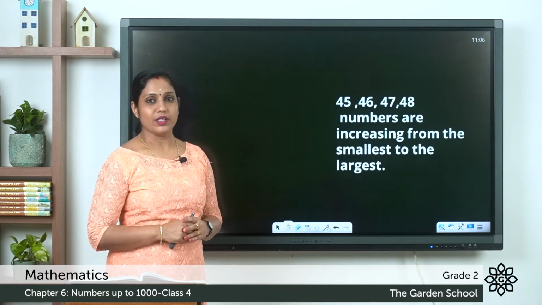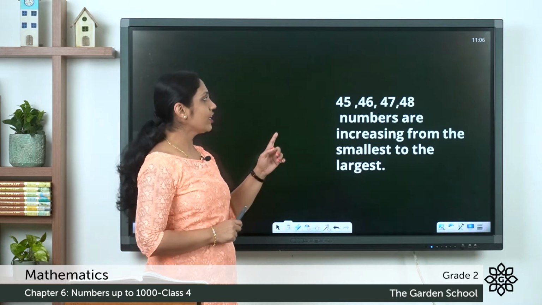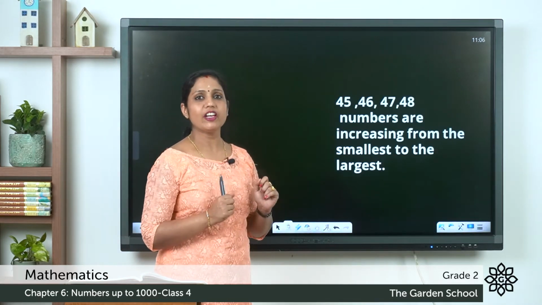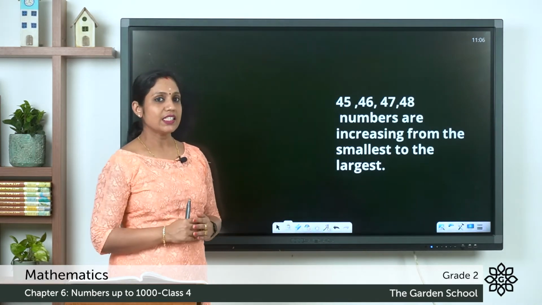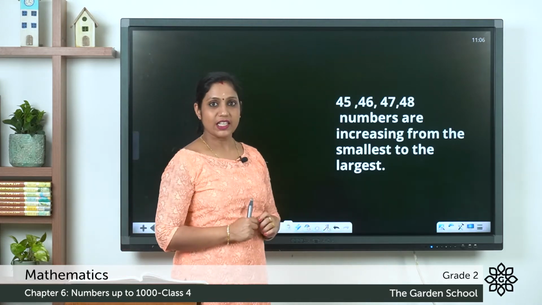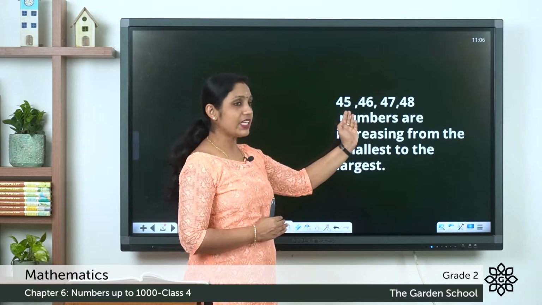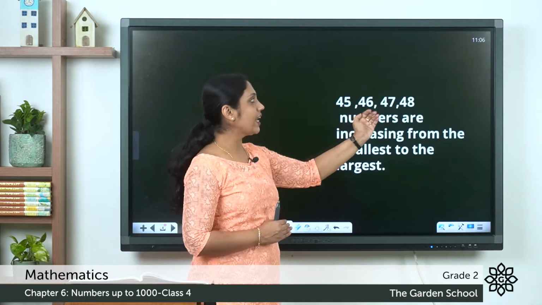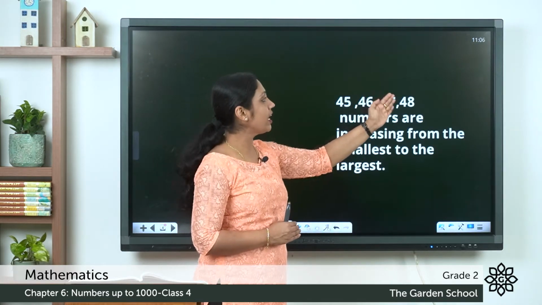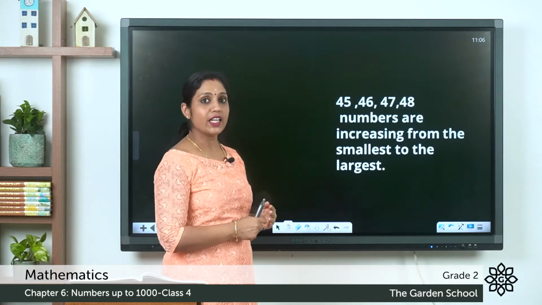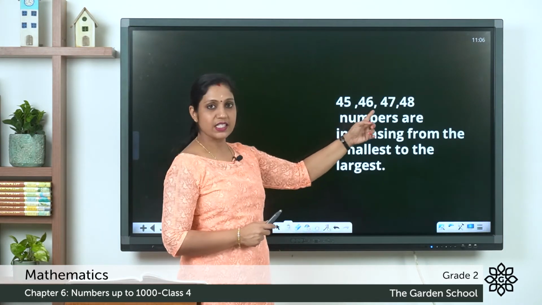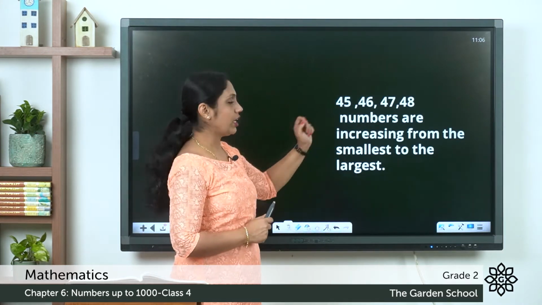Let's look at these numbers. We have 45, 46, 47, 48. Look at these numbers. The number 46 is greater than 45. The number 47 is greater than 46 and the number 48 is greater than 47. So we can say that the smallest number in these numbers is 45.